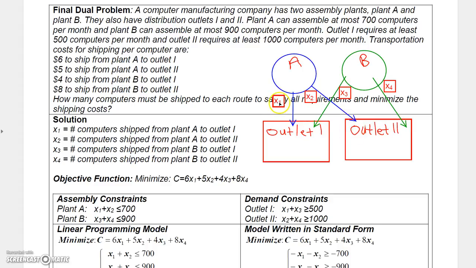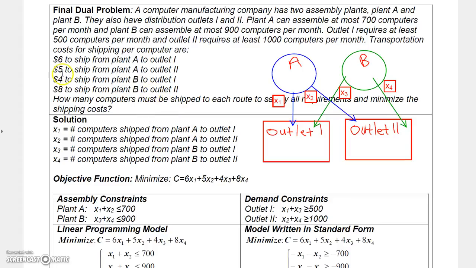I'm going to let X1 be the number of computers shipped from plant A to outlet 1, and X2 the number of computers shipped from plant A to outlet 2. And then I'm going to let X3 be the number of computers shipped from plant B to outlet 1, and X4 the number shipped from plant B to outlet 2.